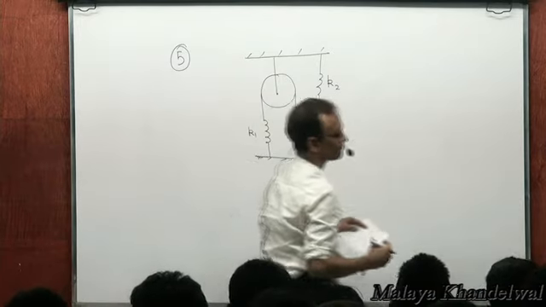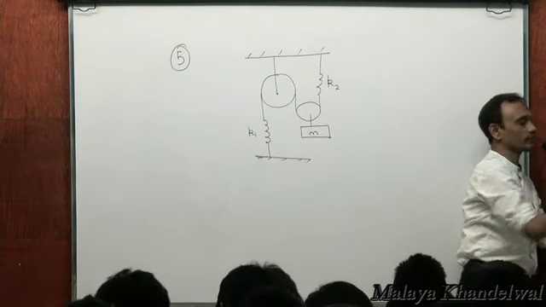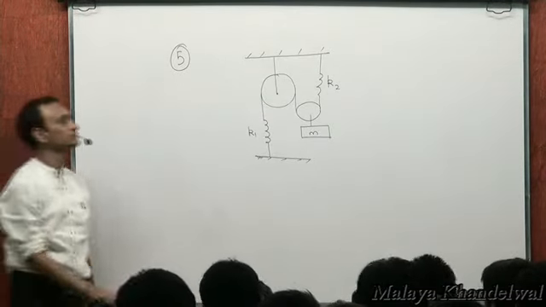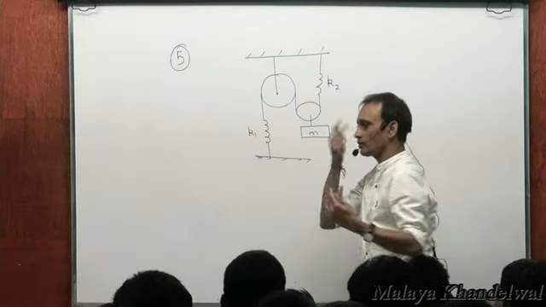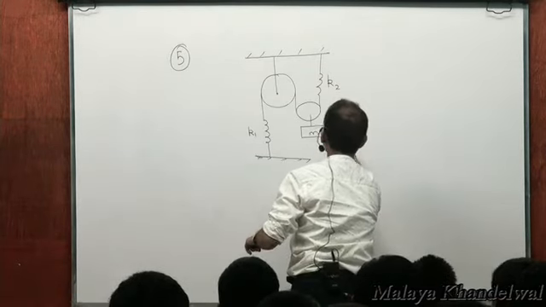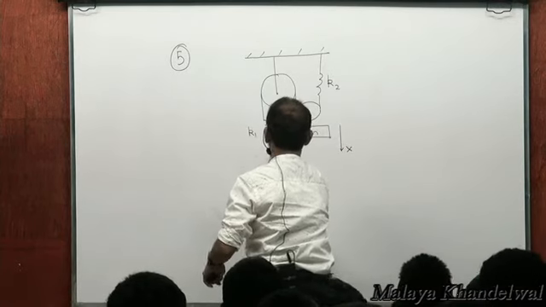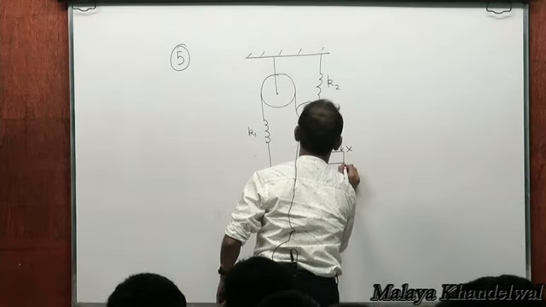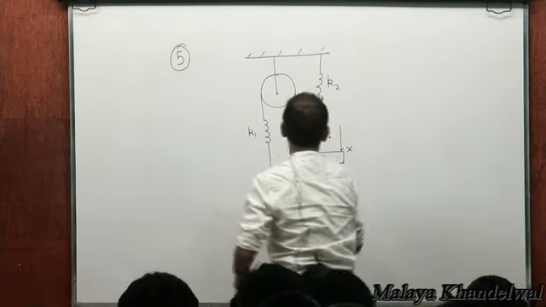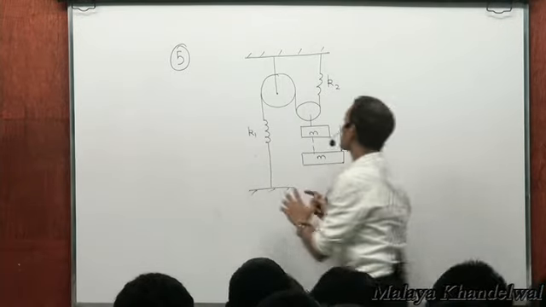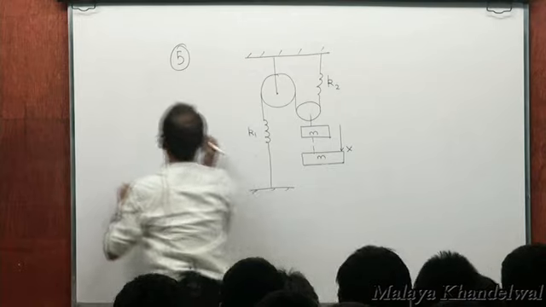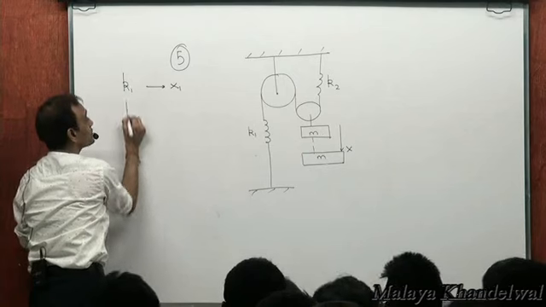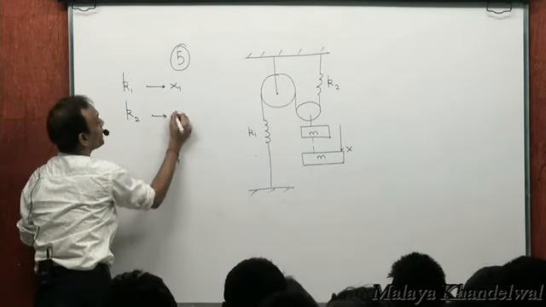Mass M. Let's say when the mass M descends by an amount x, the spring of force constant K1 elongates by an amount x1 and the spring of force constant K2 elongates by an amount x2.